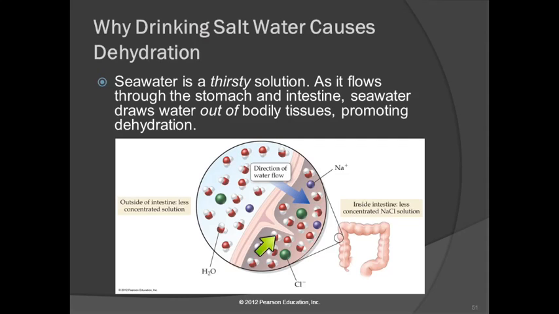Anyway, if you drink salt water, you've got a lot of sodium and chloride ions in your intestines. And you have less sodium and chloride inside your cells. And the way I think of it is, nature likes to equalize things.